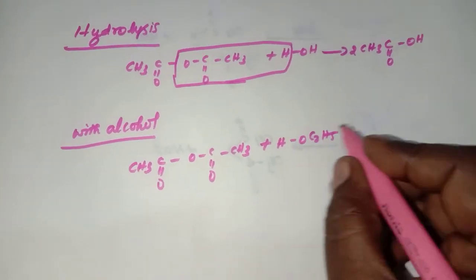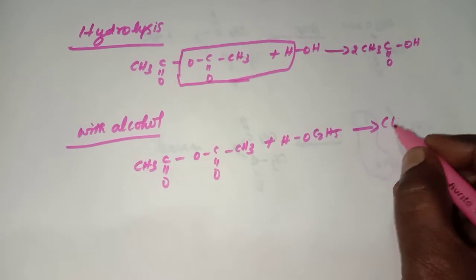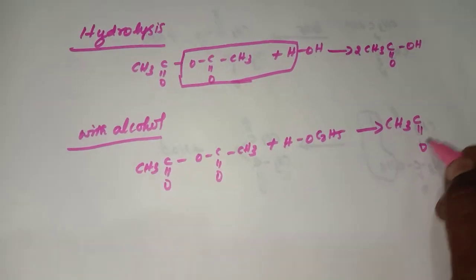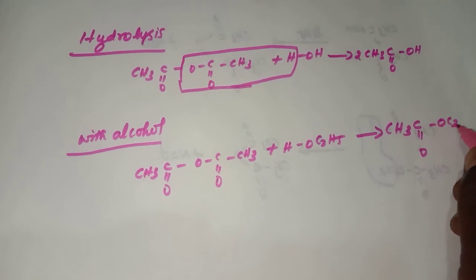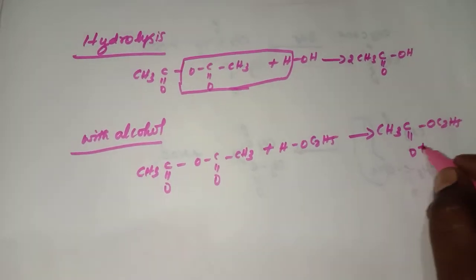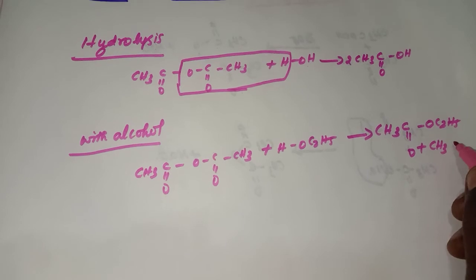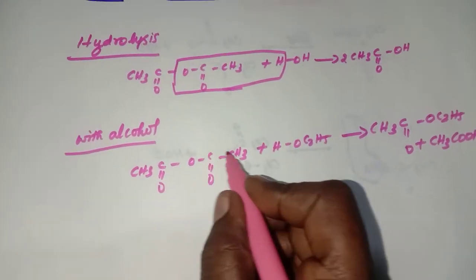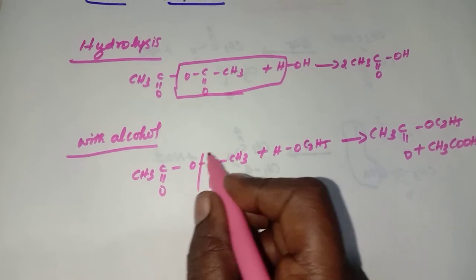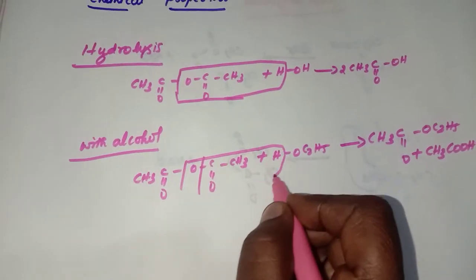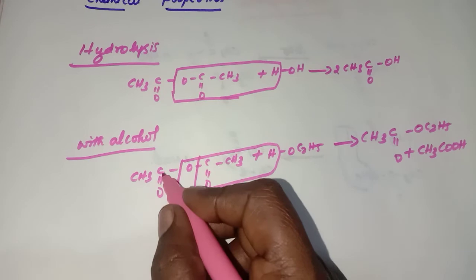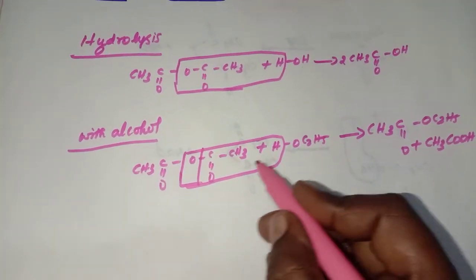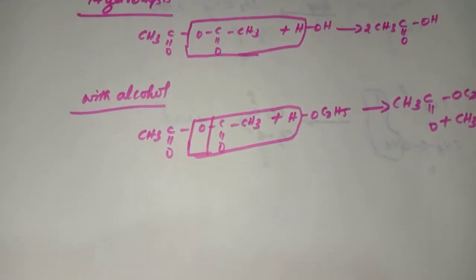So we will be getting CH3C=O OC2H5, an ester, plus an acid, CH3COOH. This is removed as the acid, CH3COOH, remaining is an ester, CH3C=O OC2H5.